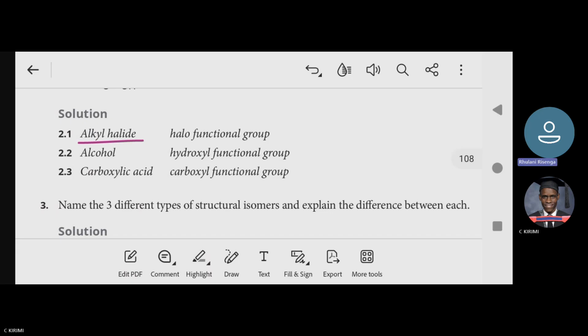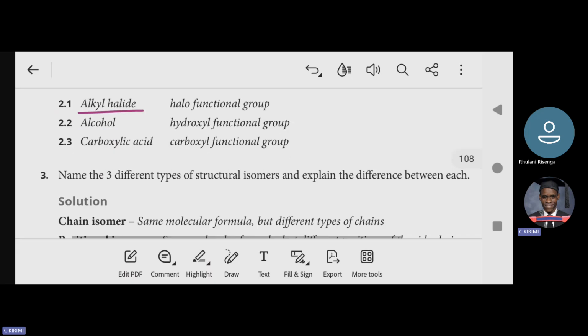And we have positional isomers. Positional isomers are molecules with the same molecular formula but different positions of the functional group. Of the functional group, yes, that is correct.